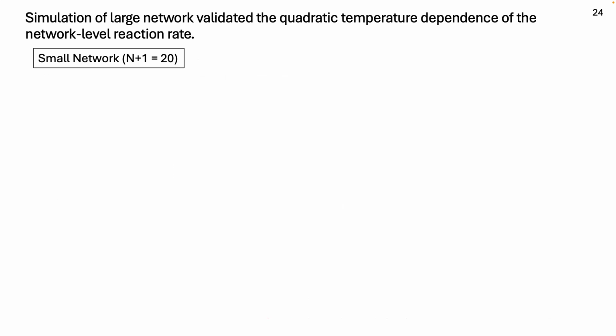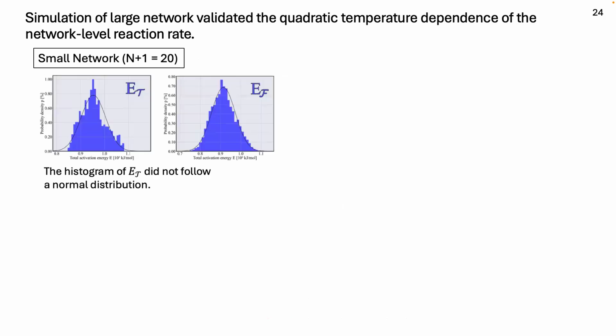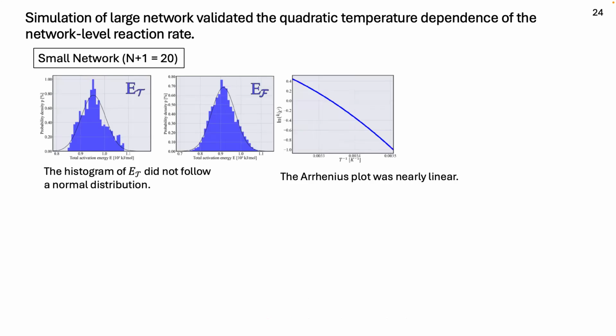For the small network, the component network size is 20. It's not so large. In this case, the histogram of ET did not follow a normal distribution. It's slightly biased, slightly different from a normal distribution. So the Arrhenius plot was slightly deviated but nearly linear.